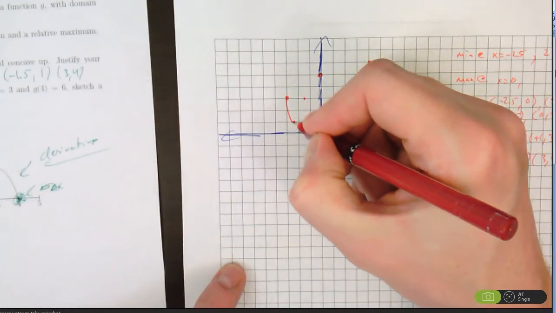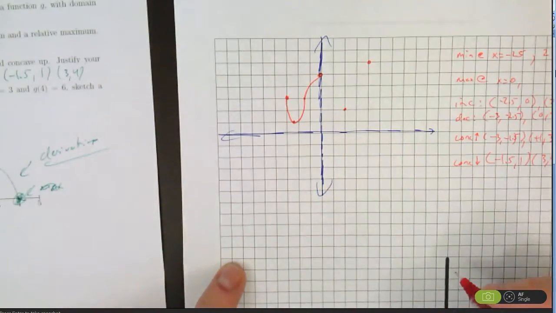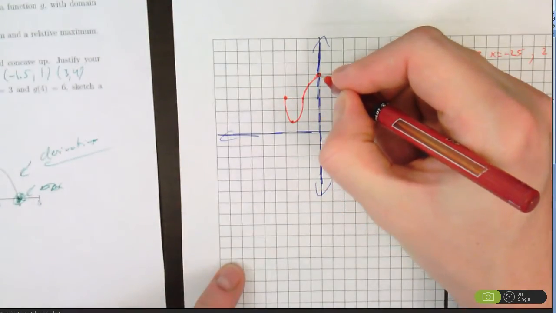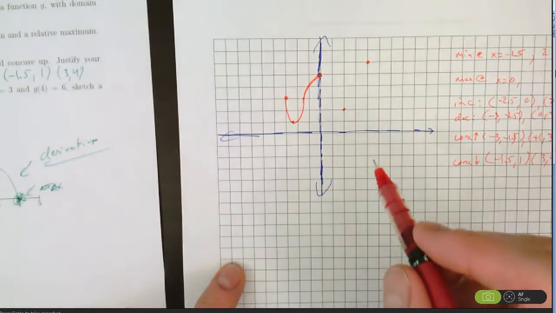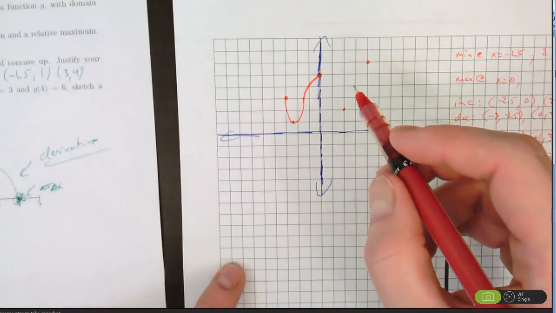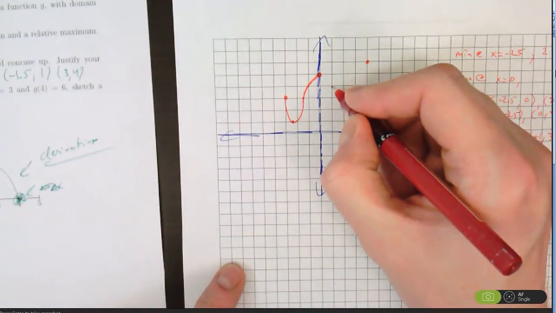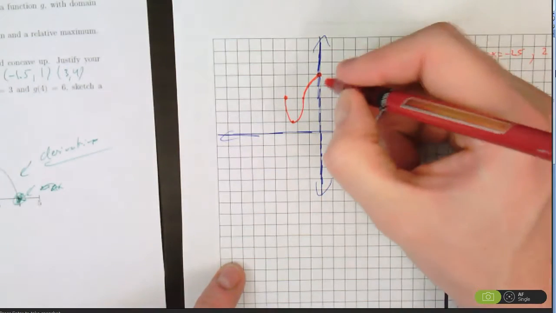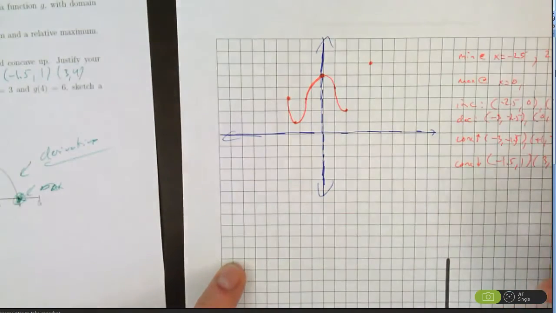So concave down, or sorry, concave up. There I switch my concavity. Okay. And then I'm concave down until 1. So somewhere at 1 I have to switch concavity again, so I'm going to throw a point between those two. Then I can go concave down and now switch concave up.